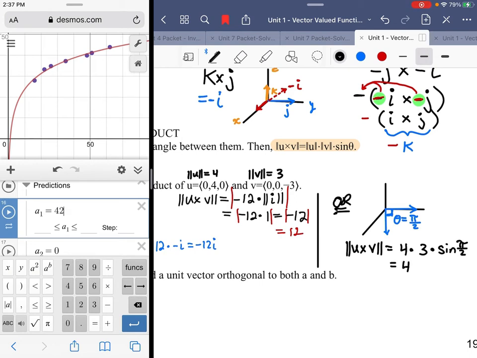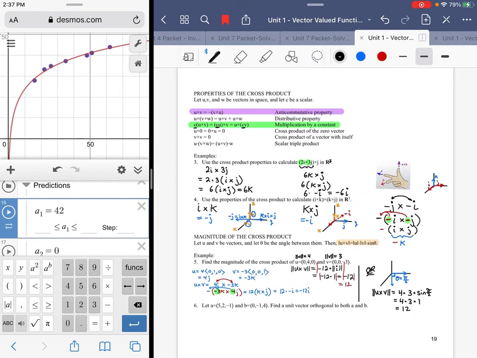Sine of pi over 2 is equal to 1, so 4 times 3 times 1 gives you a result of 12. All right? That's only easy to do because the angle was easy to figure out. So sometimes it's more beneficial for you to figure out the cross product and then just simply find its magnitude if it's too cumbersome to determine the angle separating the two vectors.